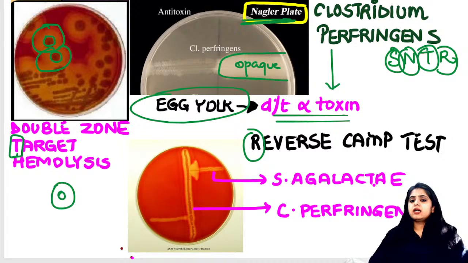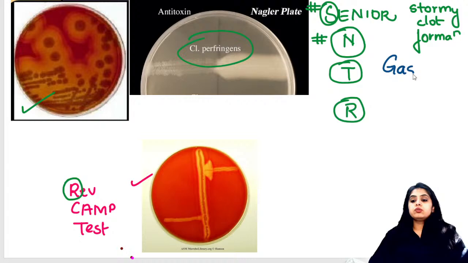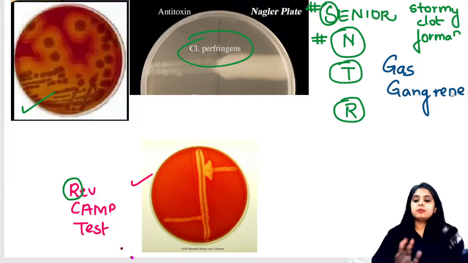What kind of question will come? For Clostridium perfringens, we all know a gas gangrene question will come. If I get a gas gangrene question, remember Senior NTR. One last time revision. Why do I say one last time? Because I know so close to the exam, you won't get time to revise again and again. So gas gangrene, Senior NTR: stormy clot formation, Nagler's reaction, target hemolysis, reverse CAMP test.